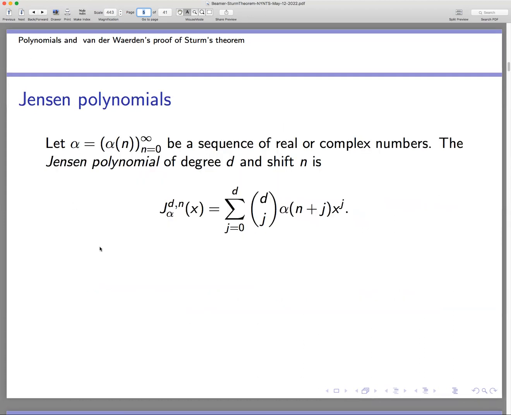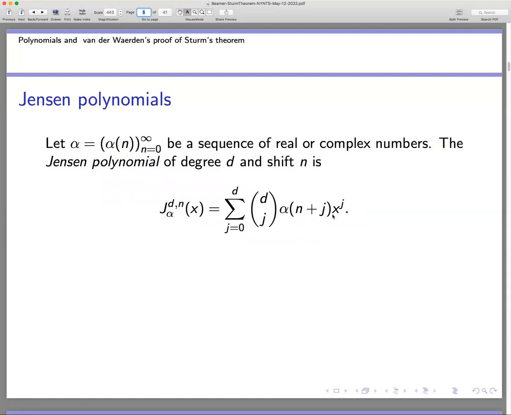Now, there's a kind of polynomial called a Jensen polynomial. You start with any sequence of real or complex numbers, alpha, and you can construct what is called the Jensen polynomial of degree d and shift n.